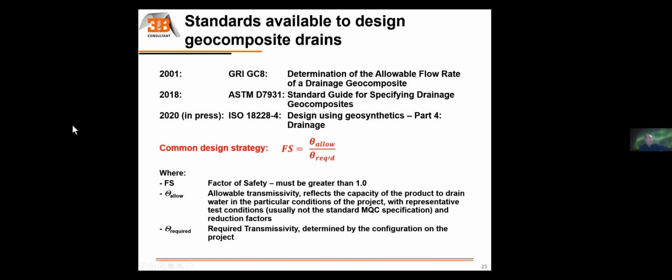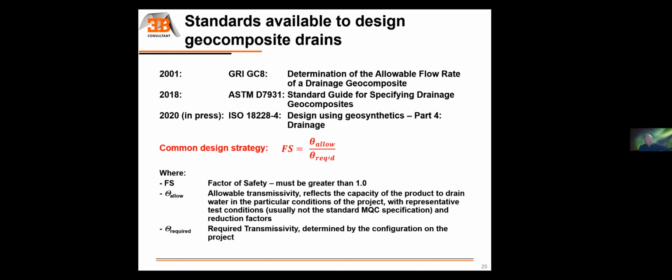So to be able to design geocomposite drains, there have been some codes and standards developed. The first one that I know of was in 2001. The Geosynthetic Institute published the GRI GC8, determination of the allowable flow rate of a drainage geocomposite.